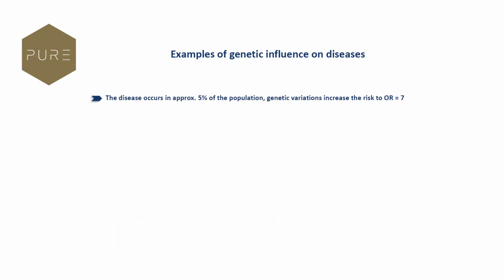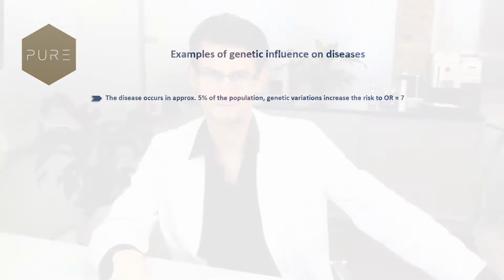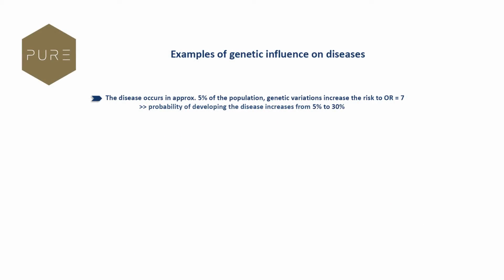Now let's look at a few different examples of where a genetic test makes sense and where it doesn't. For example, let's look at a disease that occurs in 5% of the population, and the genetic variation increases the risk to an odds ratio of 7. So 5% of the population get the disease; any person's risk of developing it is 5%. Now, one person has a genetic variation and a 7-fold risk, so 7 times higher than anybody else.